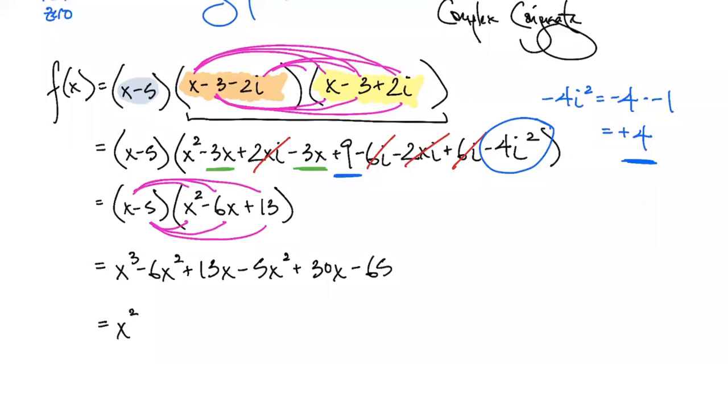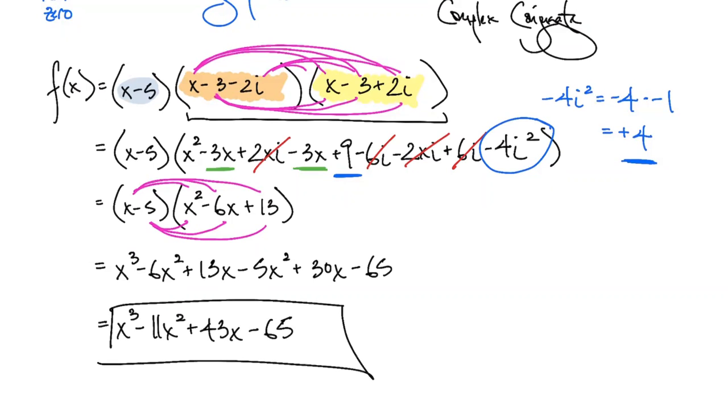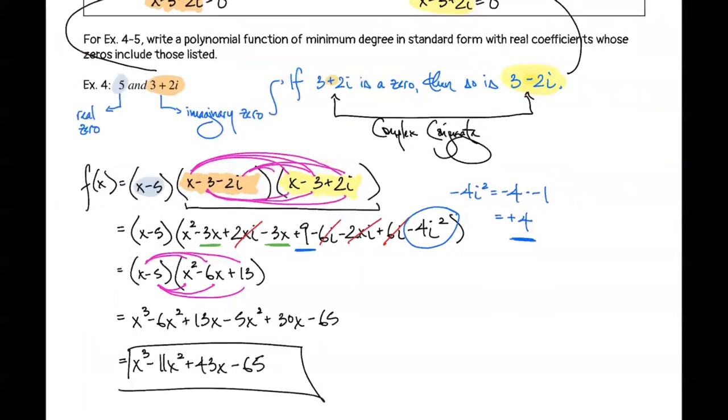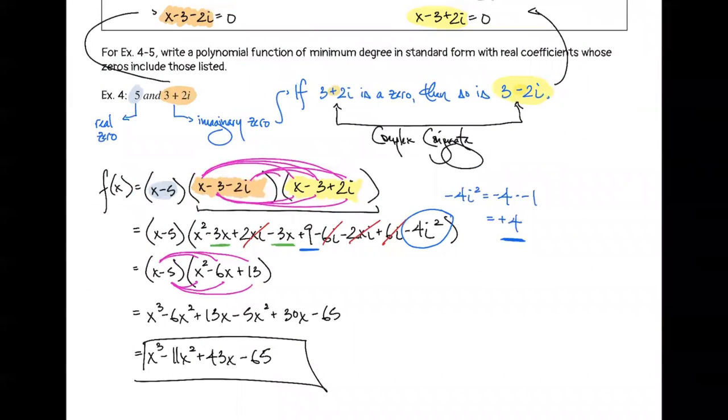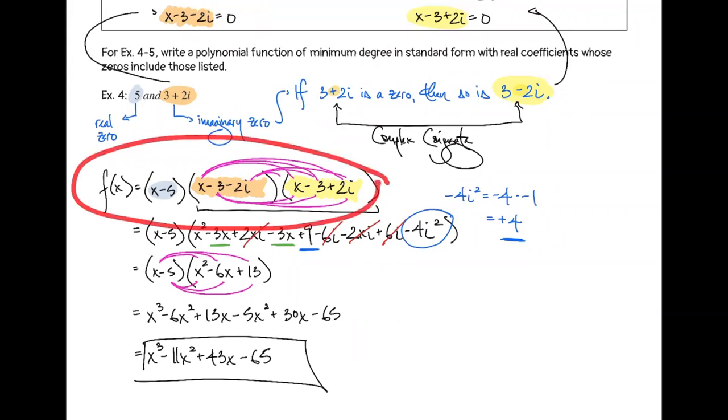All right, so we got x cubed minus 11x squared plus 43x minus 65. So lots of different parts to this, but I would say the biggest piece I'm looking for is that setup. If you have the setup, that means you remembered that the imaginary zeros come in pairs.